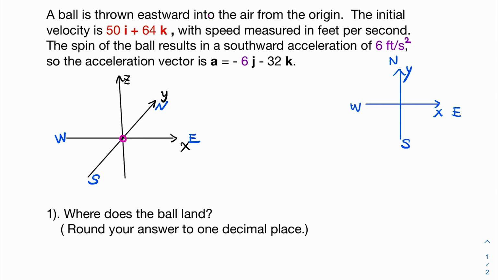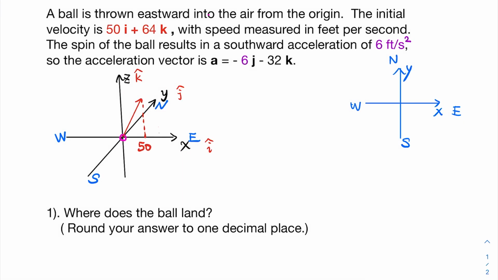The initial velocity is 50i + 64k. This is the i direction, this is the j direction, and this is the k direction. So 50i + 64k means 50 in the x direction and 64 in the z direction.